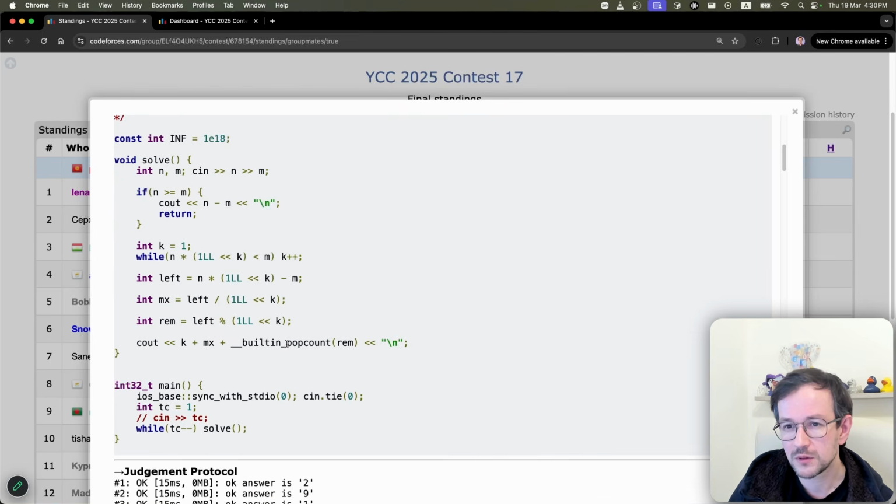Oh, is that simple? Yes, if it's greater, you just take minuses. Yes, why not? Okay, so you see the minimum, you find the minimal power of 2 you need to do. So you need to do this many multiplies.